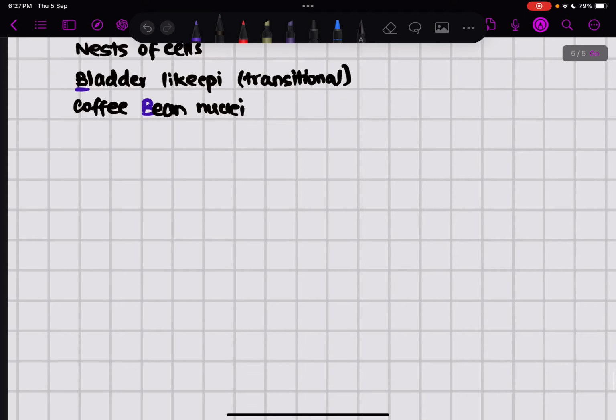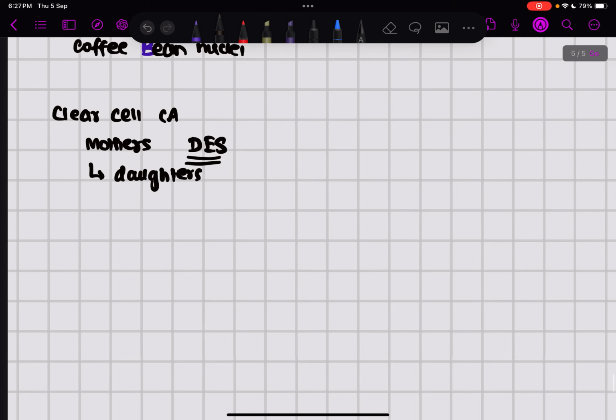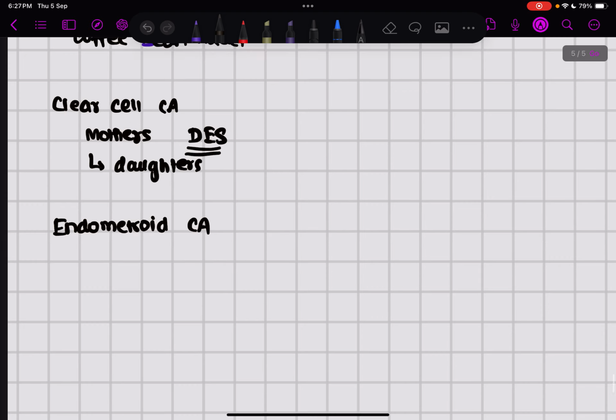Moving on to clear cell carcinoma. Clear cell carcinoma is involved in mothers who take diethylstilbestrol, which was given during pregnancy. Their daughters are affected by clear cell carcinoma. Now, going on to endometrioid tumor or endometrioid carcinoma.